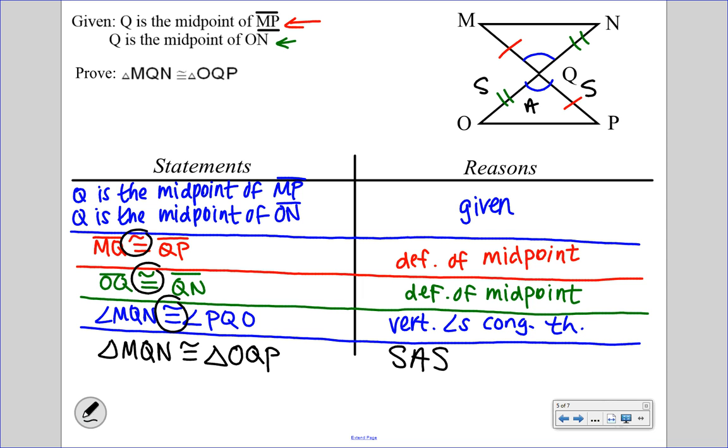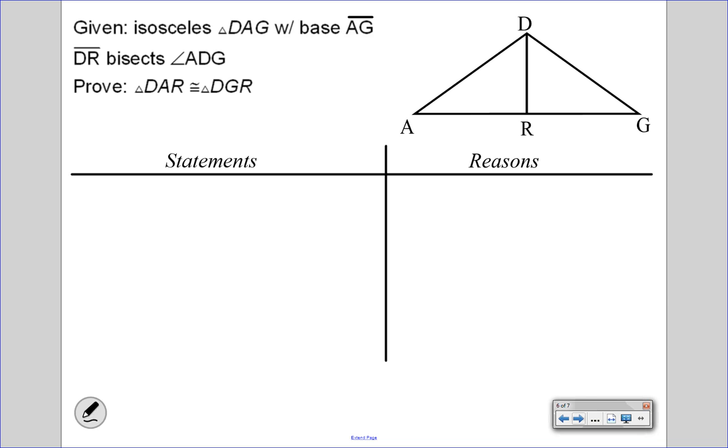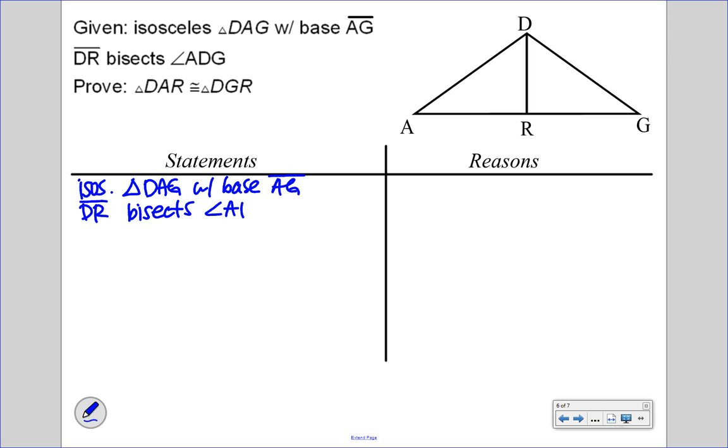All right, I have one more to go. Write down our given. Isosceles triangle DAG with base AG. And also that DR bisects angle ADG.